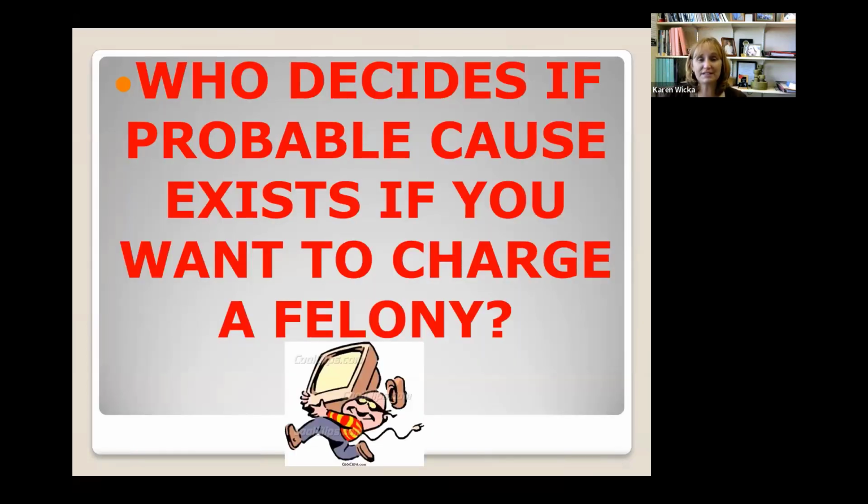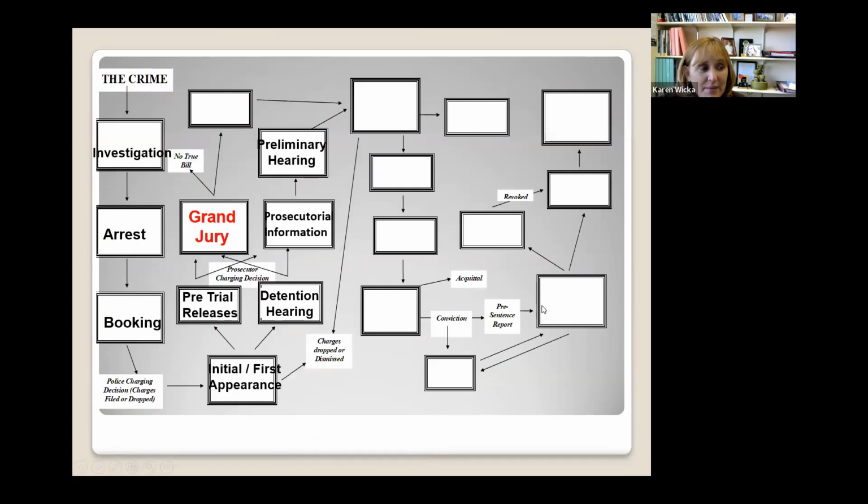Now, what if it's a felony? So we said that is a misdemeanor. Misdemeanor, the prosecutor just gets to write up the charges. But felonies are much, much, much more serious than a misdemeanor. So we want to have a check on this if we're going to charge a felony. So if the prosecutor decides to charge a felony, they have to take the evidence to a grand jury.